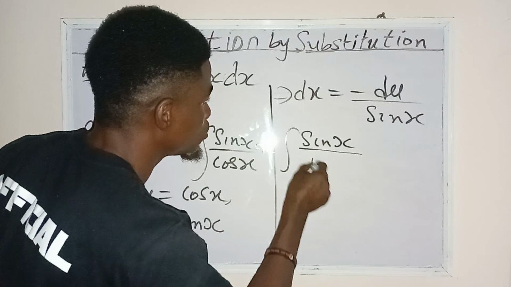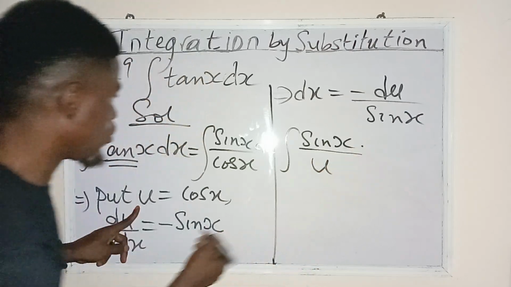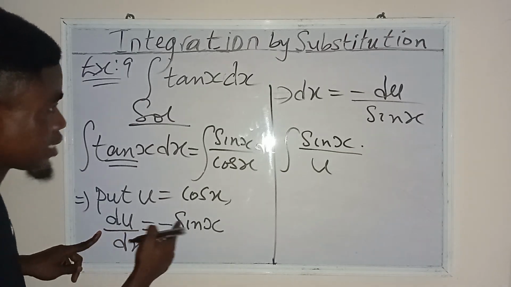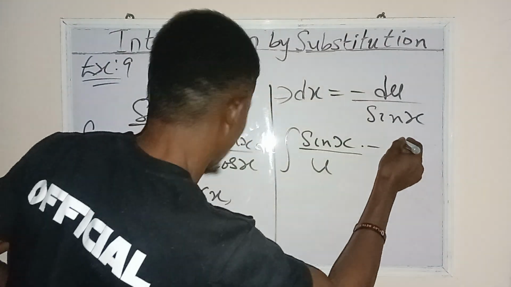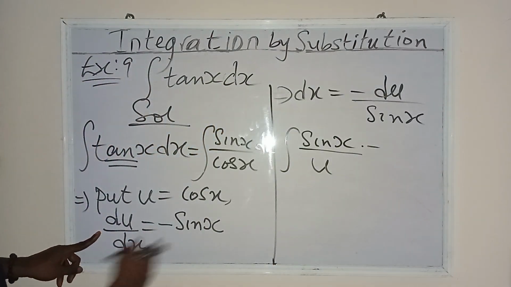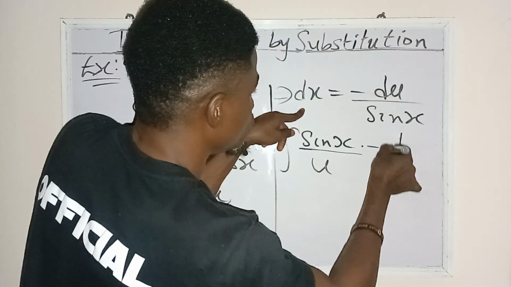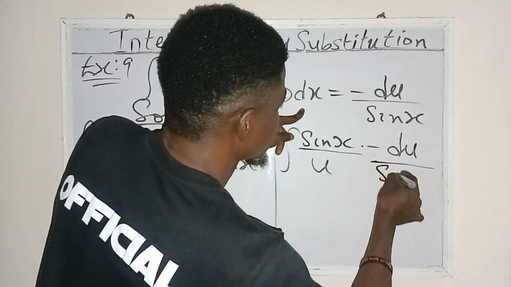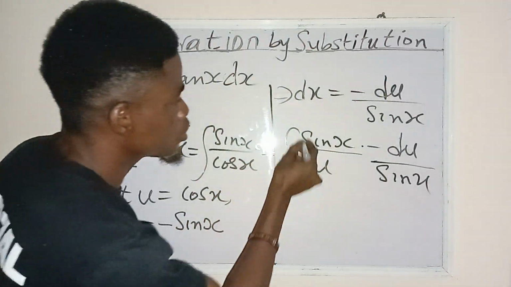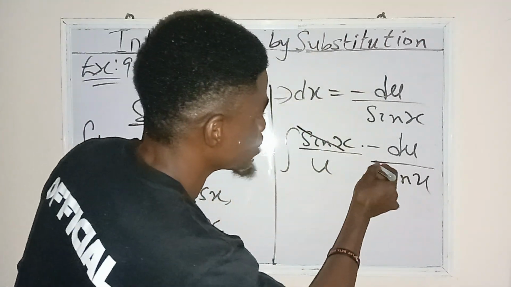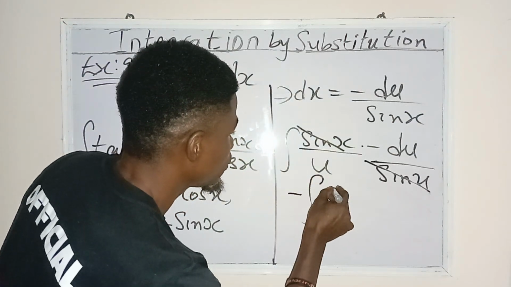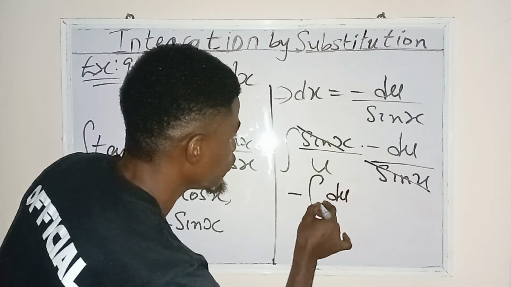So we have u, then dot, what is dx? dx is minus du over sine x. That is dx. Okay? So sine x will cancel sine x. You now have minus du over u.